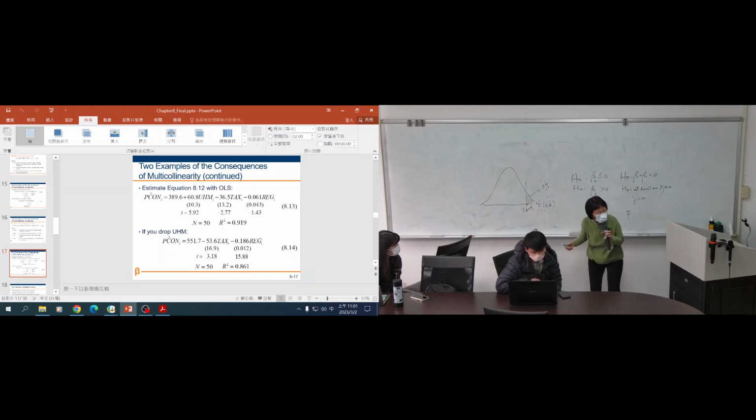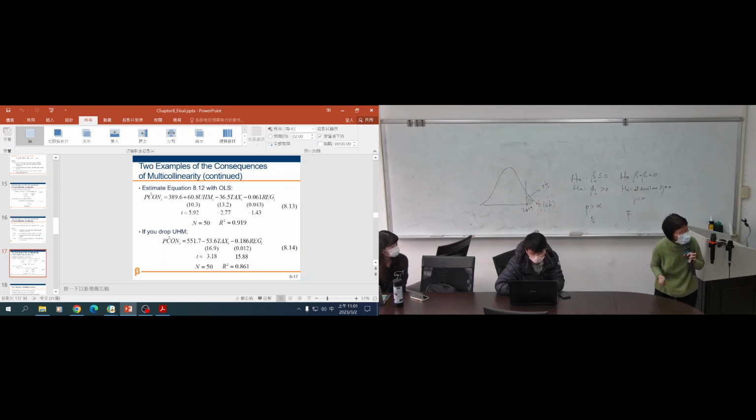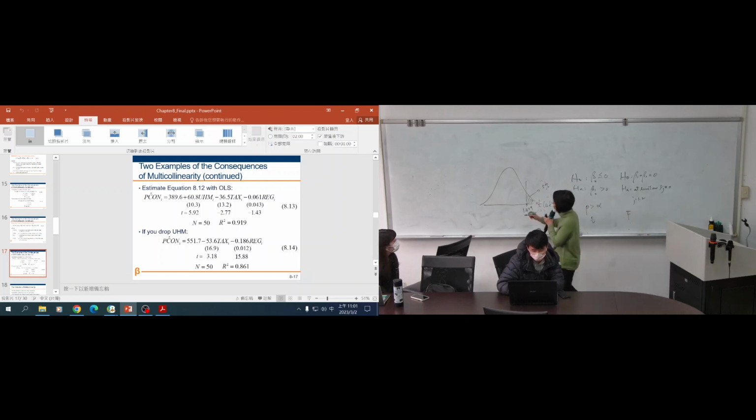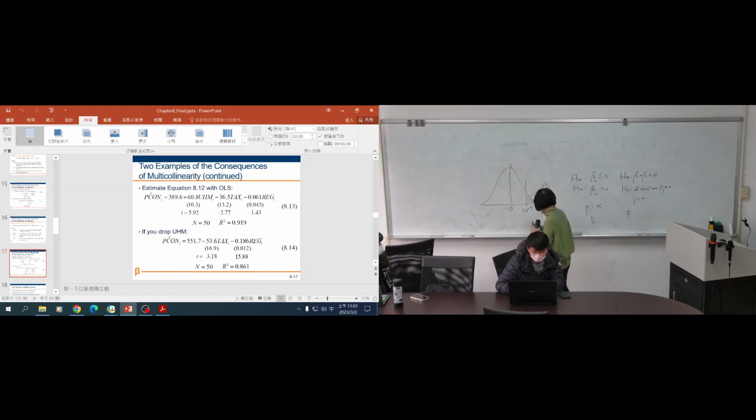And for REG, the t-value is negative 1.43. The middle is 0, right? So the negative one will be somewhere here, negative 1.43.